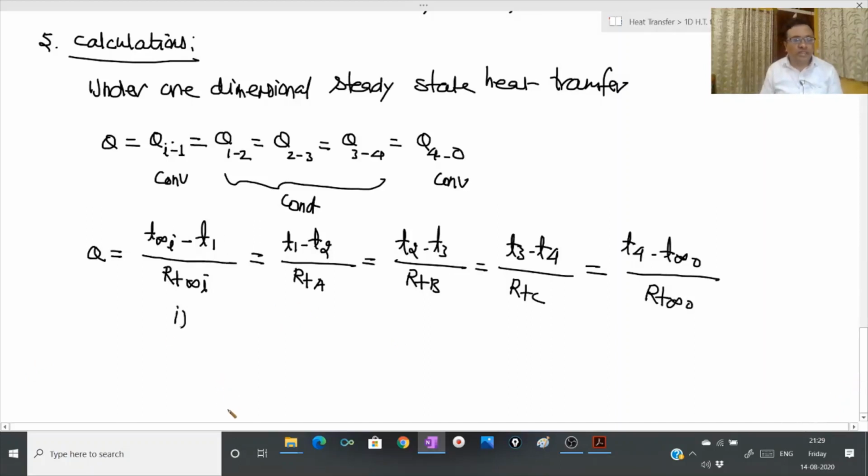Let's say these are equation number 1, 2, 3, 4.